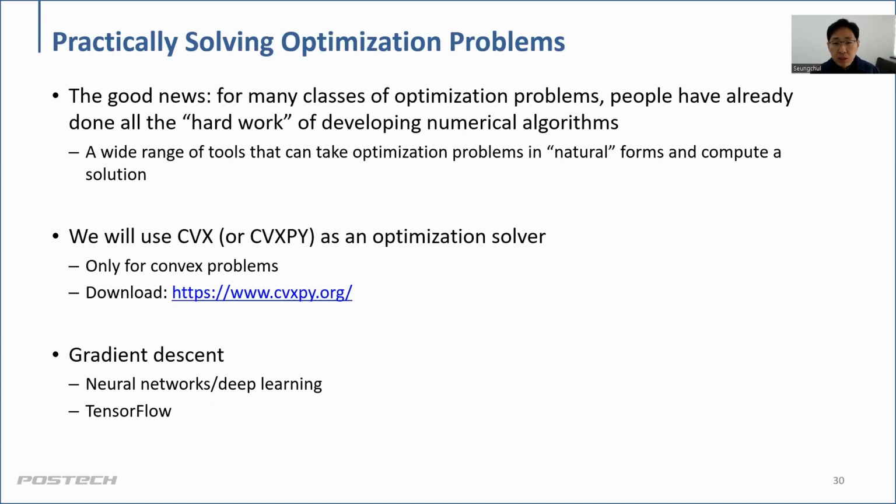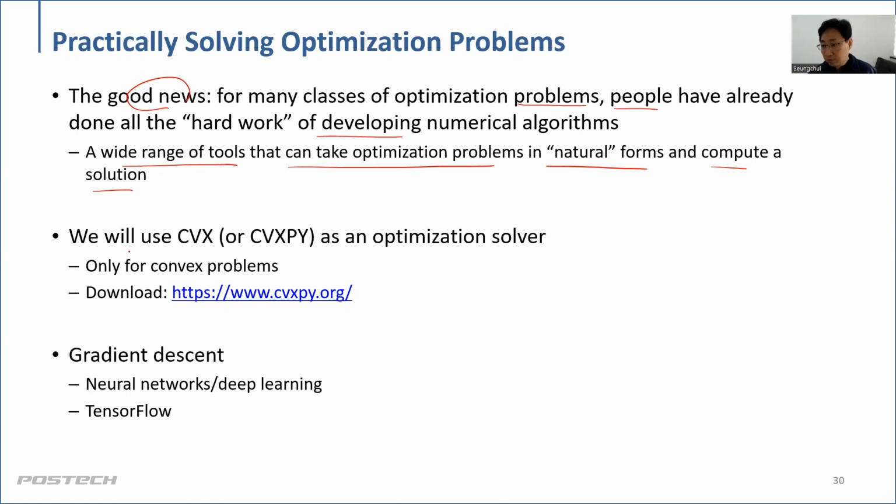Practically, how do you solve optimization problems? The good news is that for many classes of optimization problems, a lot of researchers have already done a lot of work developing numerical methods. So we're going to take a wide range of tools that can take optimization problems in natural form and compute solutions.